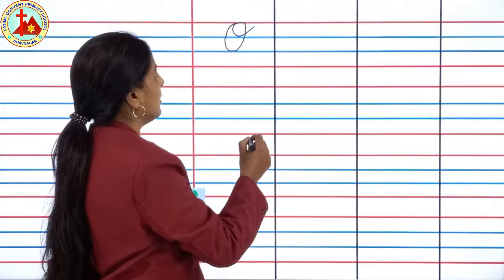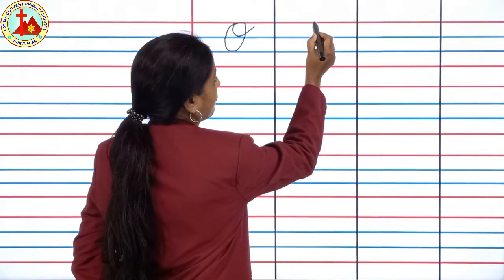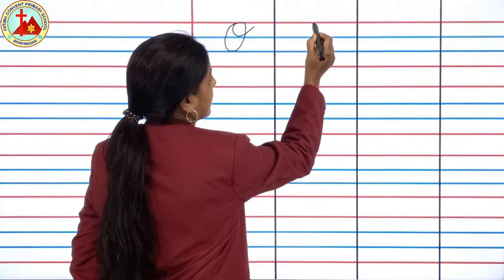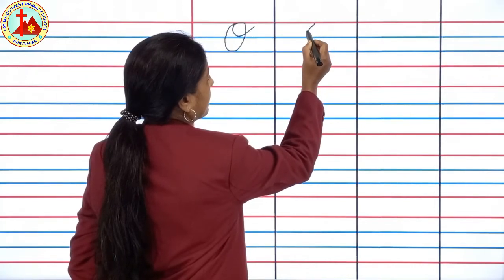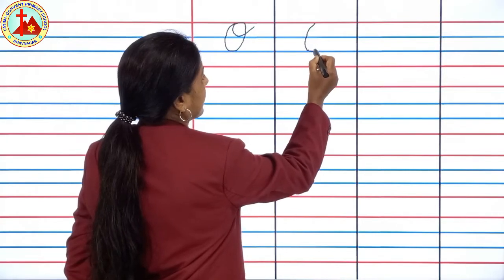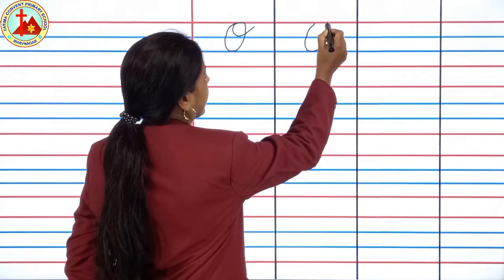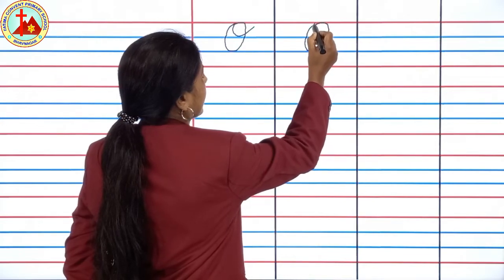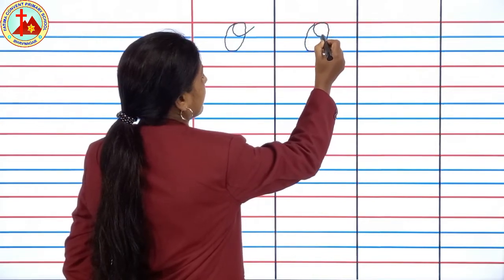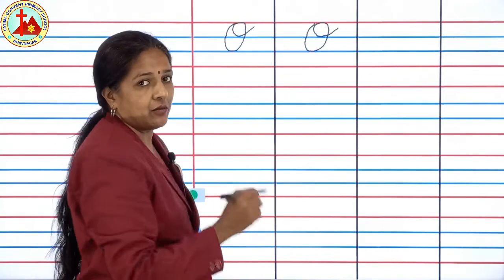Cursive capital O. Again we will write, starting from the first blue line.